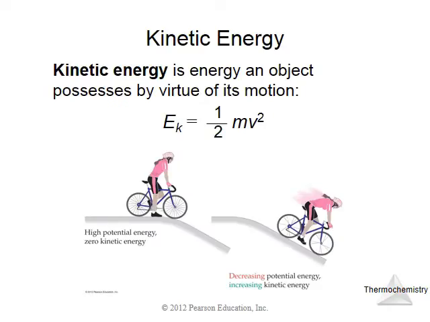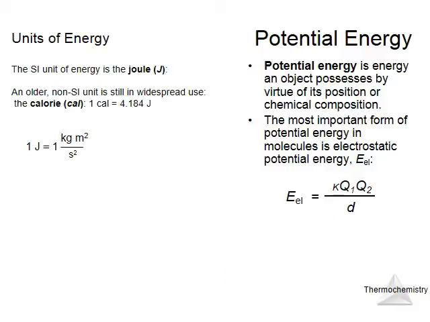Kinetic energy is due to motion of an object, and this is defined as half times mass times velocity squared. So if you know the mass and the velocity, you can calculate kinetic energy. Now potential energy is due to the location of an object.